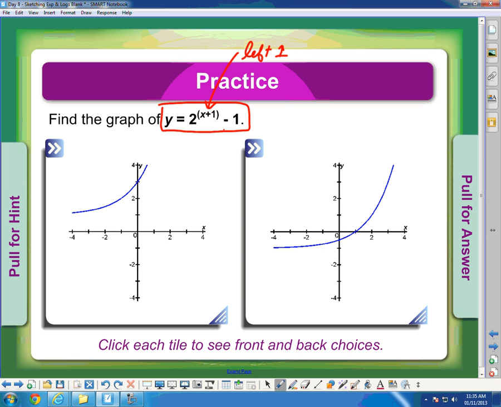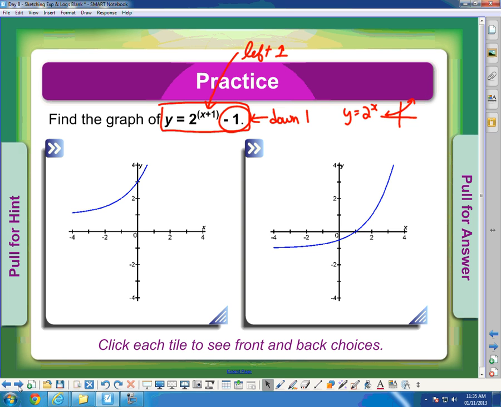This minus 1 is outside the function, so it's going to move it up or down, and that one will move it down 1. So what we're looking for is the regular y equals 2 to the x graph, which we just saw looks like this, except we've got to figure out which one moves it left 1 and down 1.